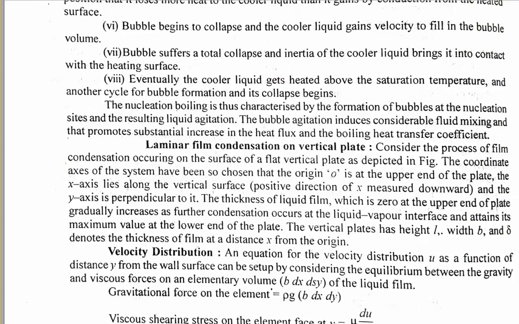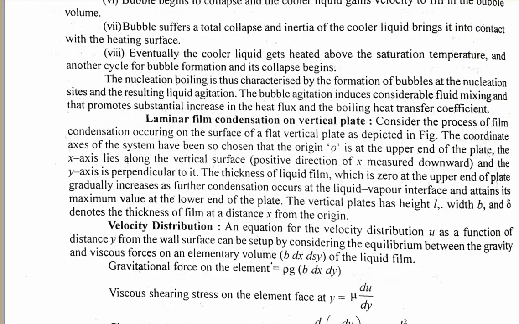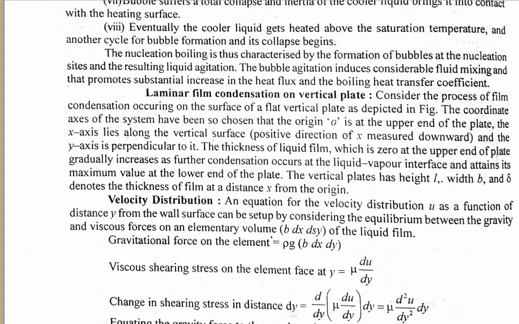The viscous shearing on the element could be taken as tau equal to mu du by dy, and shearing stress over the distance dy will be taken as the differentiation of mu du by dy with respect to y, into dy, which is equal to mu d square u by dy square into dy.